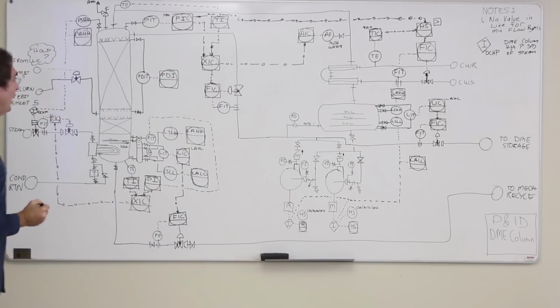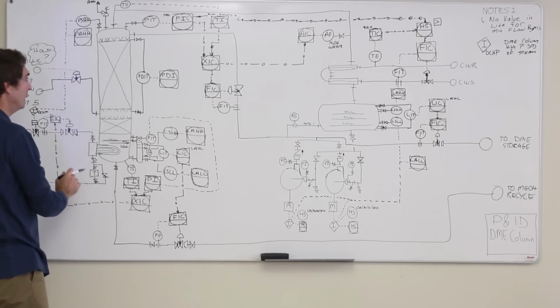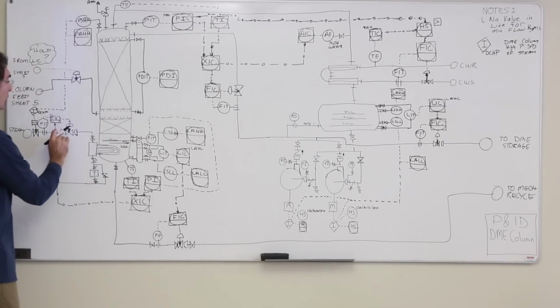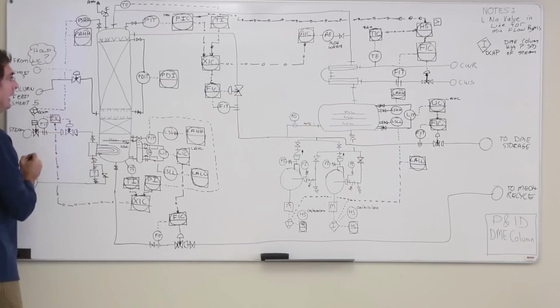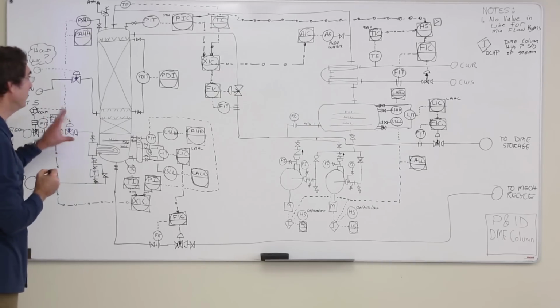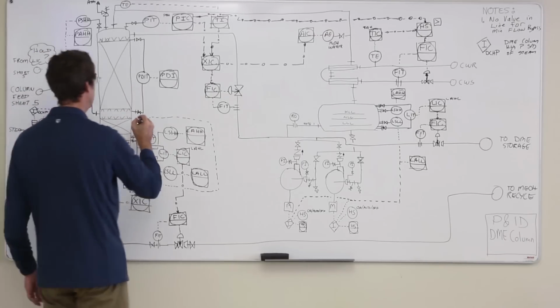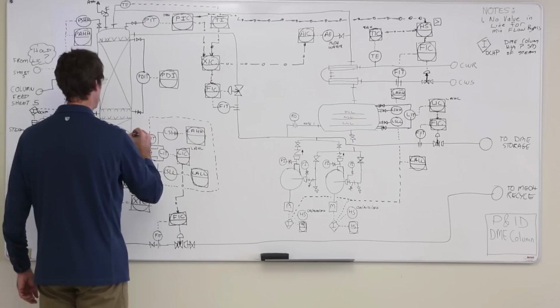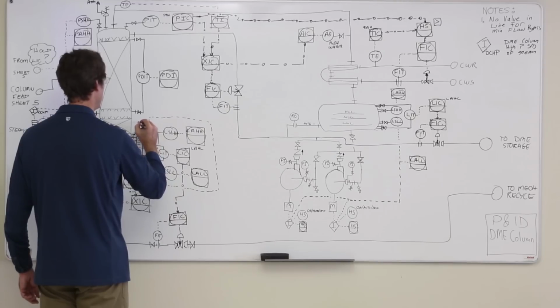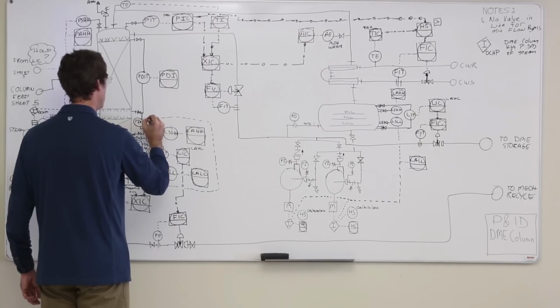But if we do have high pressure differential across the beds, it may be an indication that the control valve has gone, there's something wrong with the steam. And so you might actually provide some sort of an override on that. And I'm going to put another one in here. Pressure differential indicating transmitter. Like this.